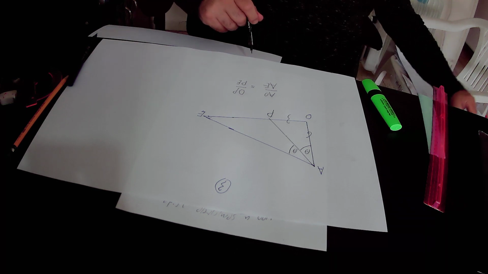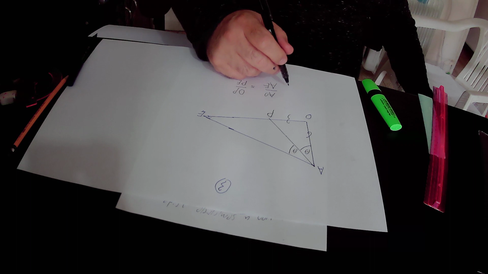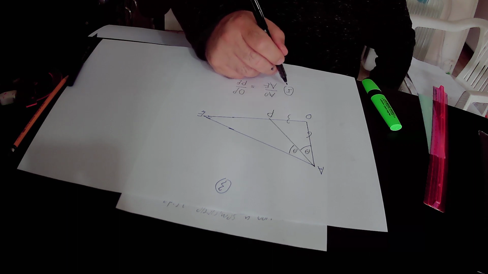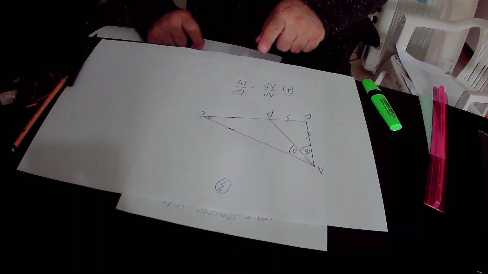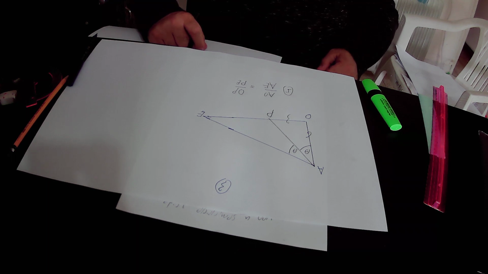Okay, this will be equation number 1, AO over AE equals OP over PE.